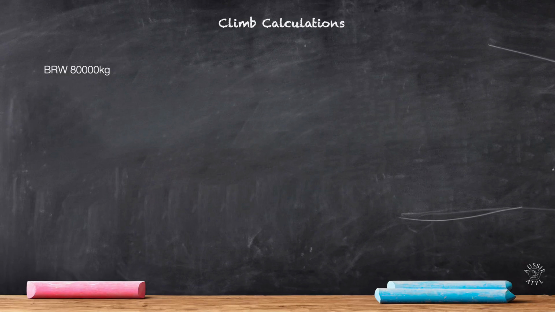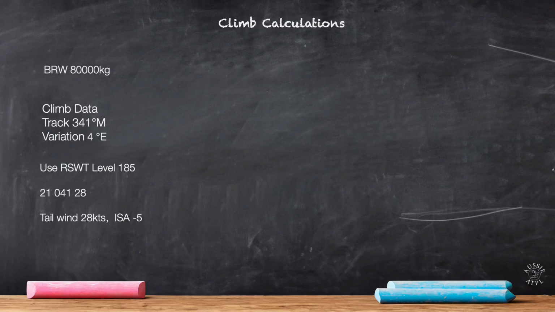We have a climb data that we found earlier with our track and magnetic variation. Now for the route sector wind temperature, you use whichever level is closest to two-thirds of the way up the climb. So since we're climbing to flight level 310, we're very close to flight level 235 and flight level 185 on the route sector wind temperature graph. However, we're just a little bit closer to 185, so that's what we'll be using.